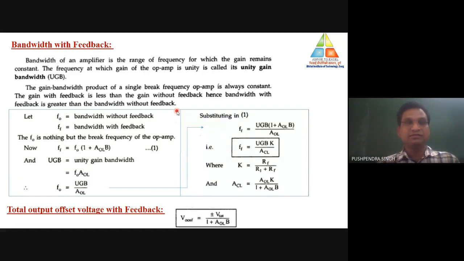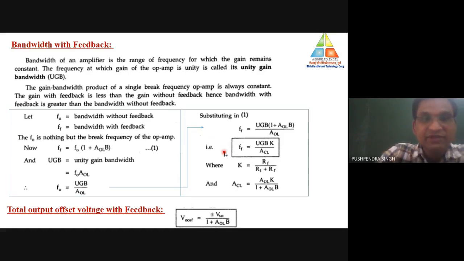And the frequency for which the value of gain is unity is called unity gain bandwidth. If the value of gain is constant but not unity, that is called bandwidth. But if the gain is constant and the value of that constant gain is 1, that is called unity gain bandwidth.